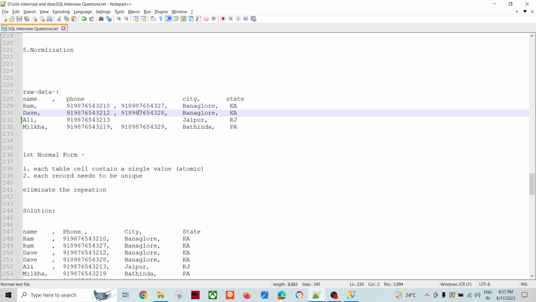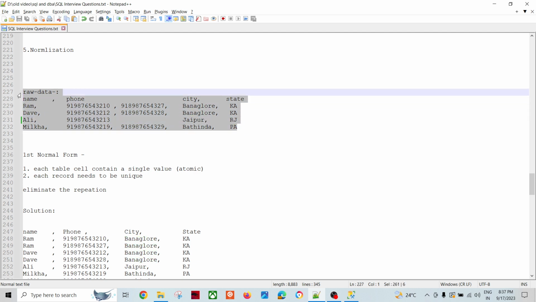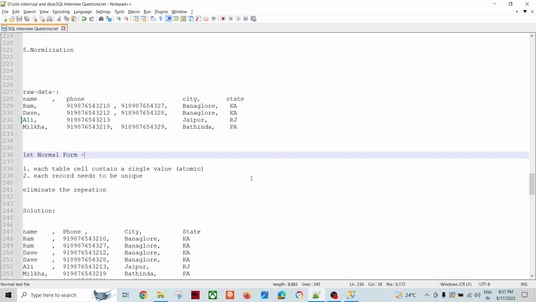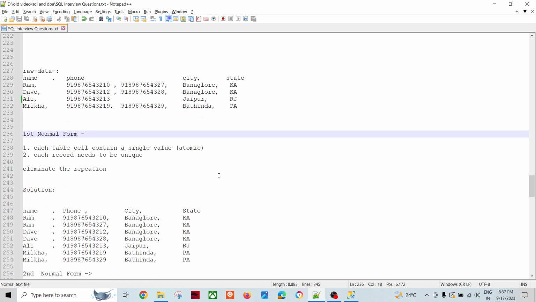Then there are multiple phone numbers again, and this is not proper when we try to construct any meaningful database. So this data is not proper. What the normal form says is each record should be unique. First of all, we are going to refine this data and try to see it in a meaningful way.